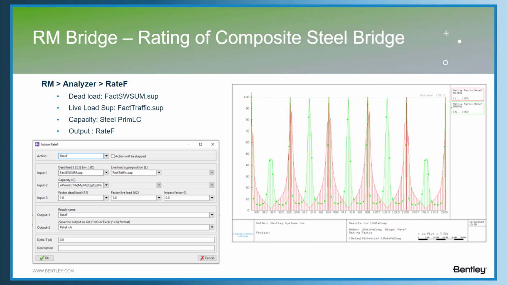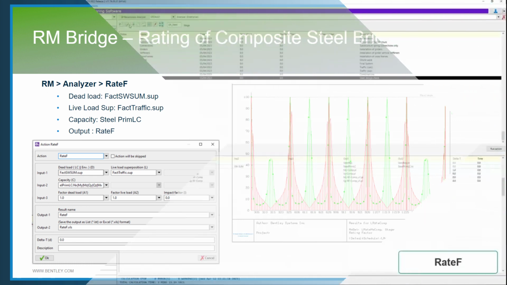Rating factors calculation is done with the RateF schedule action. So it's possible to obtain plot diagrams with the rating factors results, as we can see here in the diagram presented at right. Let's see in the next video how to do it.